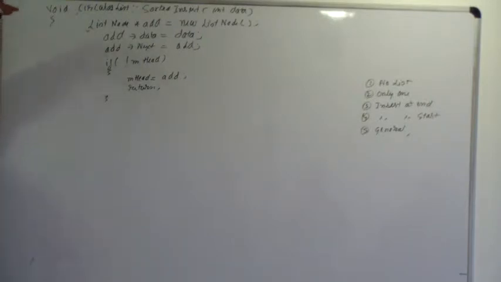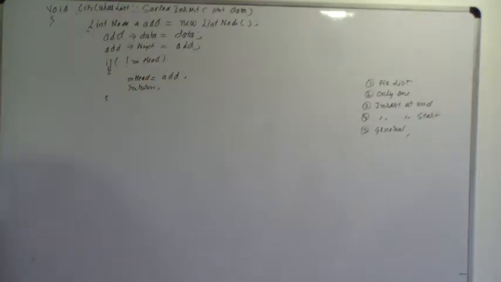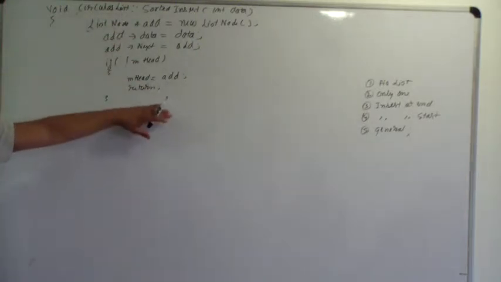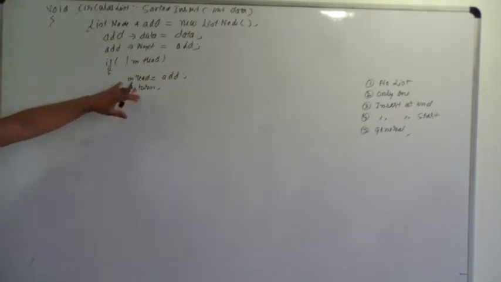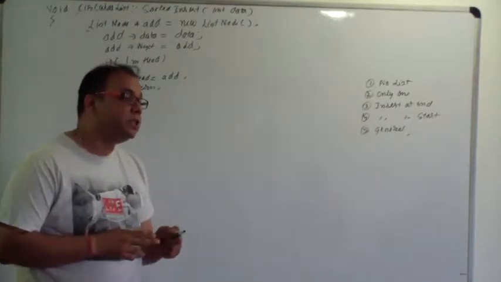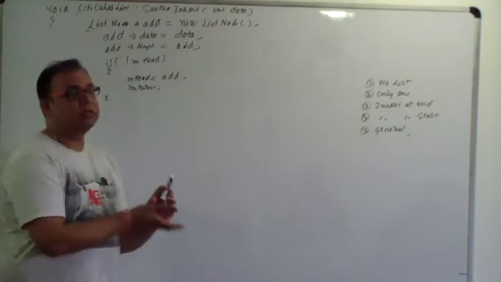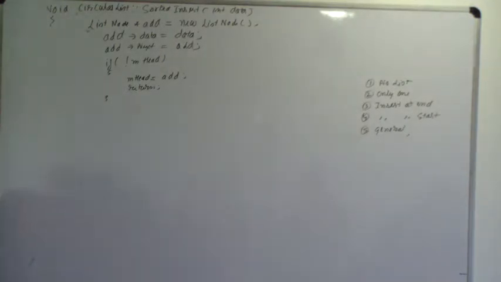Basically, we just created a class with a function called sorted insert. Whenever we insert any value, we create an instance of this circular list and add it. The first time it comes, there is nothing there, so we just add that data. Are we assuming that the list is already sorted? Yes, the question is that it is a sorted circular list and you have to do an insert.